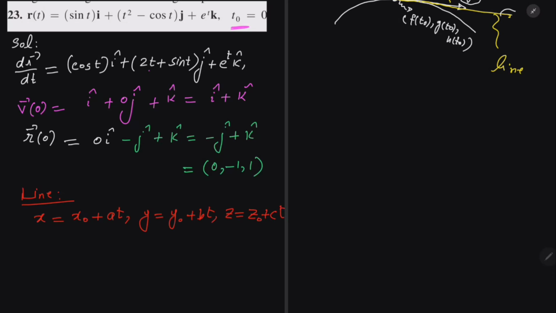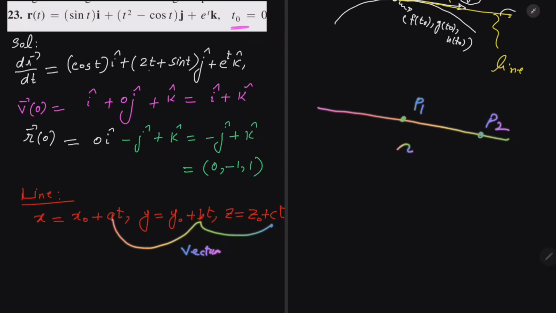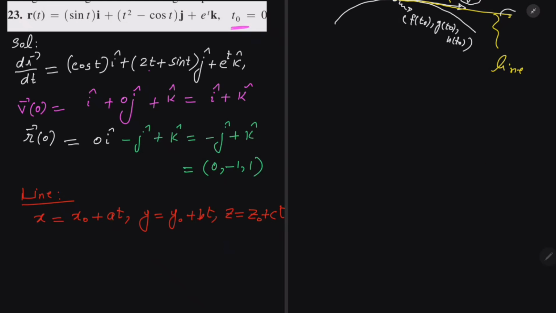This is the parametric equation of a line. Here x naught, y naught, z naught is the point we needed, and a, b, c is the vector needed for the line. To derive a line in this parametric form, you need a point and a vector. That's how we work for the line.